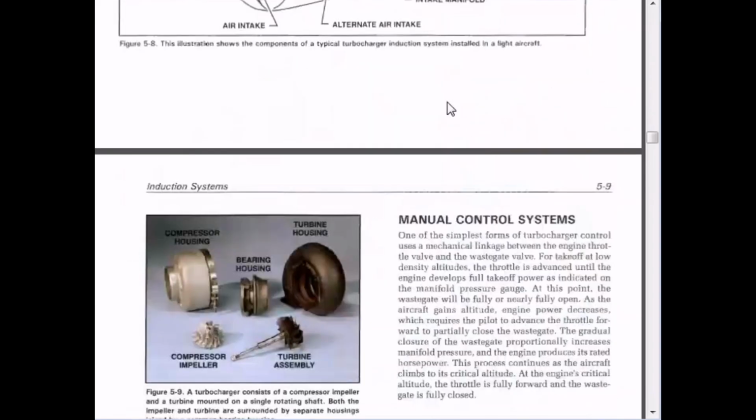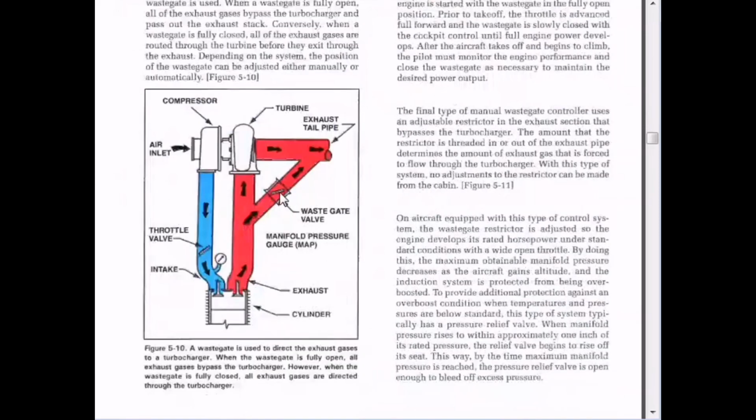Turbocharger ni, if you look in this picture, it is controlled by the wastegate. Wastegate ni yang akan control the speed of the turbine. Macam mana? Kalau dia tutup habis, exhaust semua lalu sini. Jadi turbine akan lebih laju. Kalau dia buka habis sini, maksudnya banyaklah exhaust akan bypass. Dia tak nak lalu turbine.